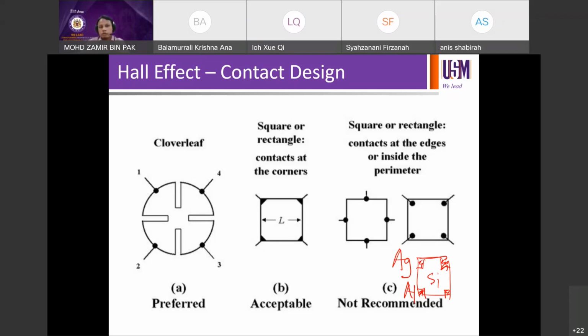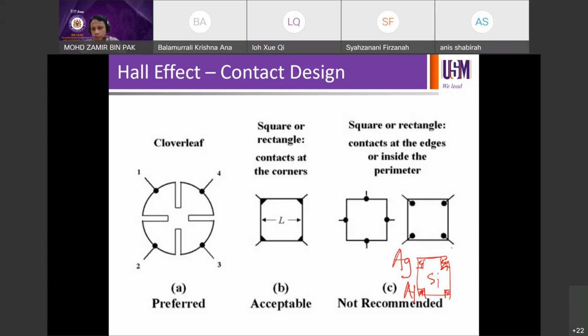But the rule is you have to have these contacts on the edges. Then you bring the sample with the contacts to the Hall effect machine, and then there'll be probes.